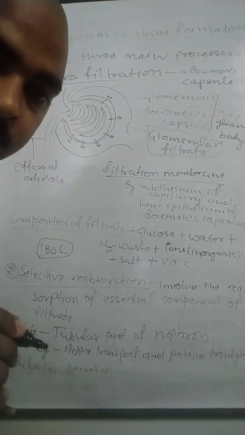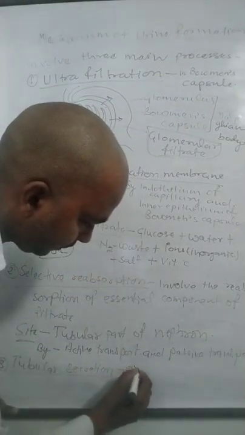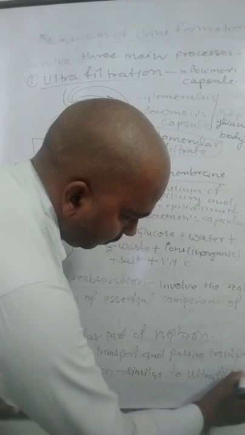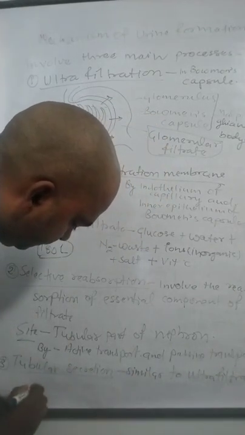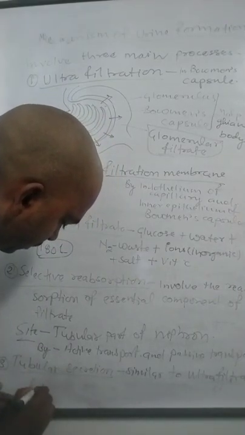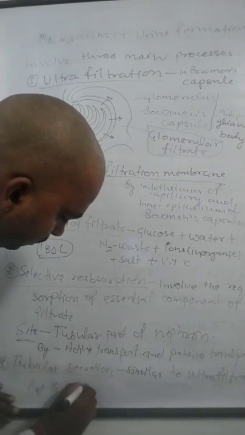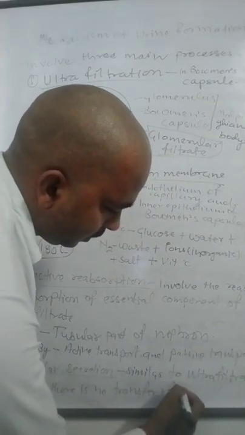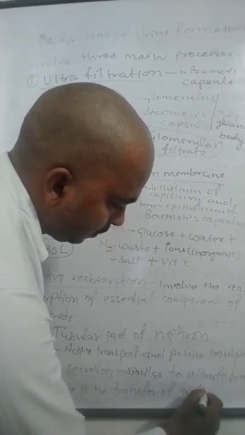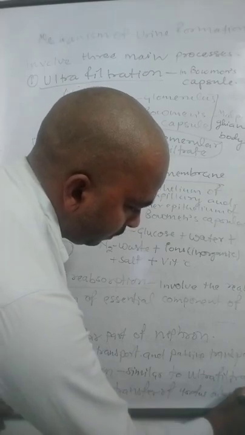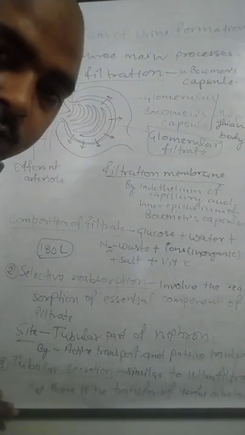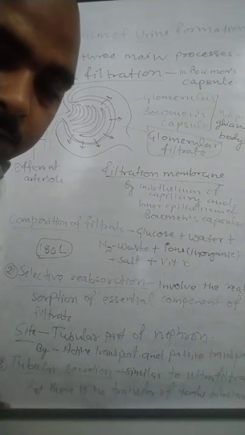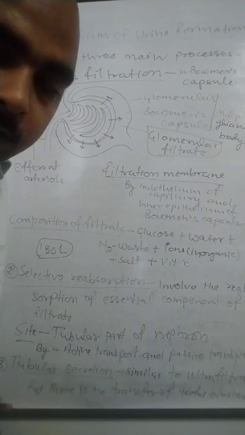Tubular secretion is similar to ultrafiltration, but there is no transfer of useful substances. Only harmful substances, that is nitrogenous waste along with some ions, get transferred from the blood capillary into the tubular part of the nephron.